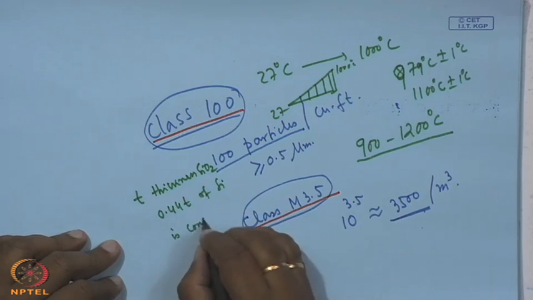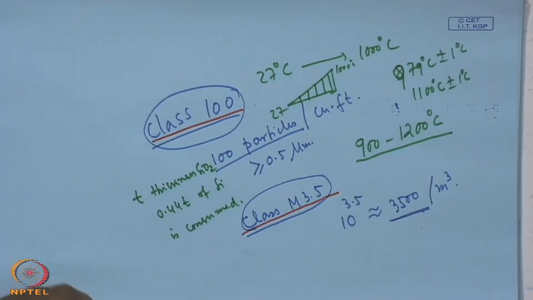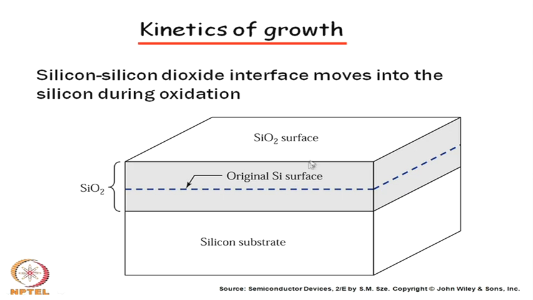That is a very important thing. If we discuss the kinetics of growth of silicon oxide, you will find that this silicon dioxide interface moves into the silicon during oxidation.